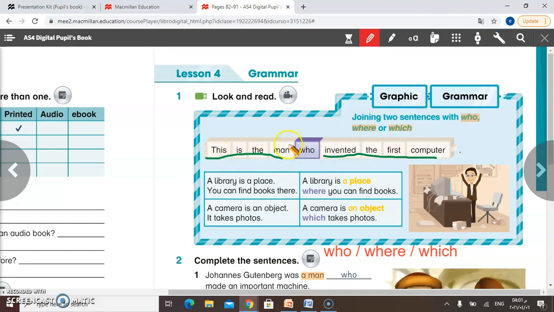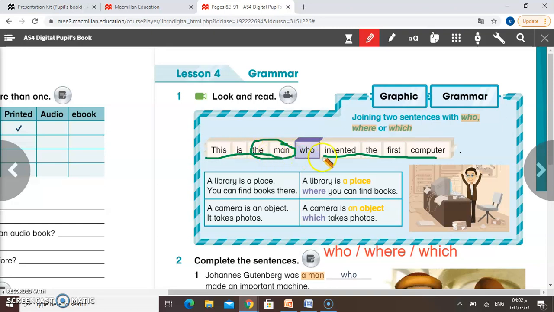This is the man. This is the word that I want to talk about and I want to use the relative clause about it. بدي أضيف أو أحدد عنها وأخبر. يعني this is an extra information. هي عبارة عن جمل يعني زيادة أو جمل مضافة لتأكيد على المعنى لتوضيح المعنى.